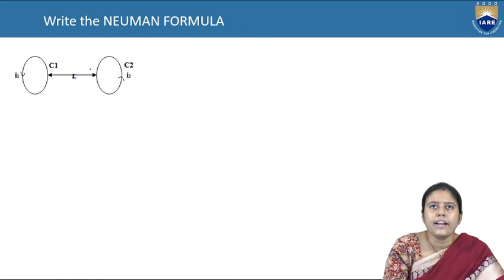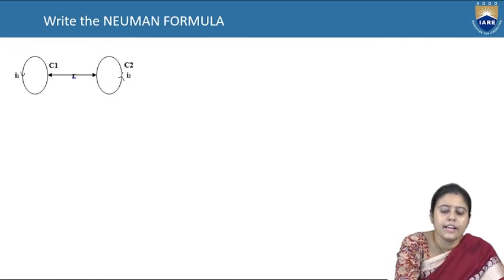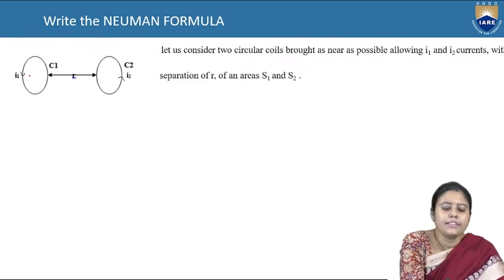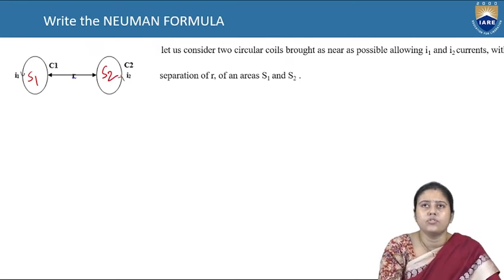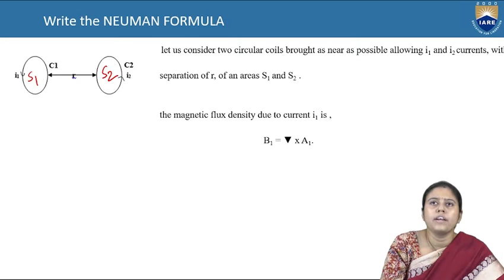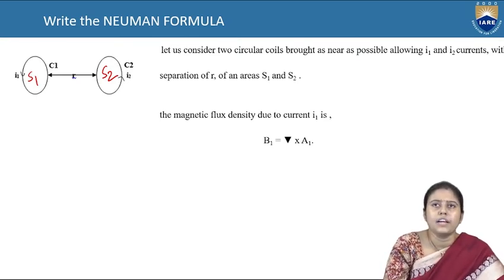On one side the current I1 is flowing, and on the other side the current I2 is flowing. We assume the cross-sectional areas are S1 and S2. Already we know what B1 is. B1 is equal to grad cross A1, the vector potential.